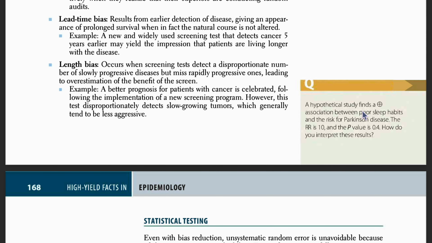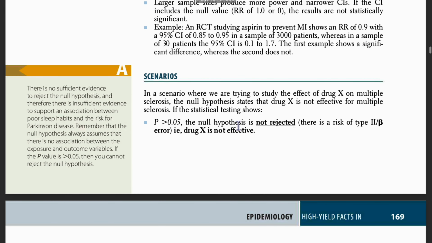A hypothetical study finds a positive association between poor sleep habits and the risk for Parkinson's disease. The RR, relative risk ratio, is 10 and the p-value is 0.4. How do you interpret these results? Okay.